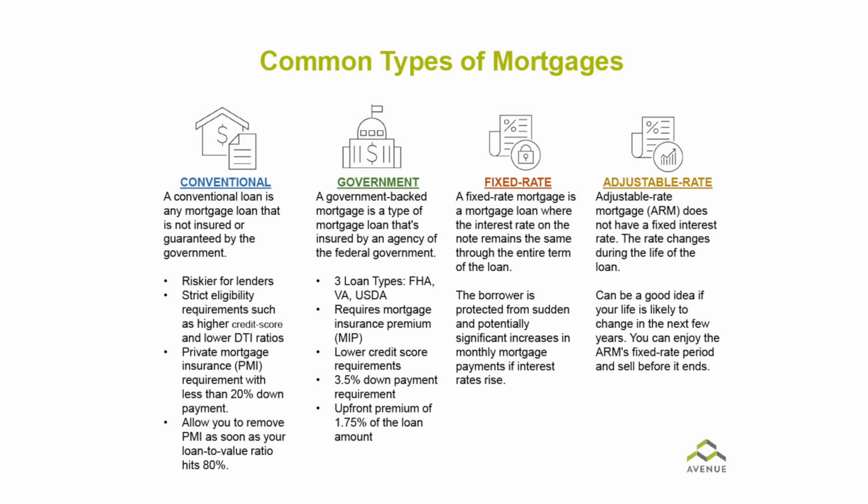Adjustable rate mortgages do not have a fixed interest rate. The rate changes during the life of the loan. It can be a good idea if you're likely to move in the next few years. An ARM, an adjustable rate mortgage, usually has a 1 year, 3 year, 5 year, or 7 year fixed rate period before it becomes variable and then goes up and down.